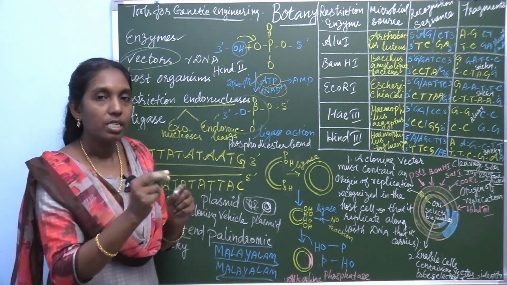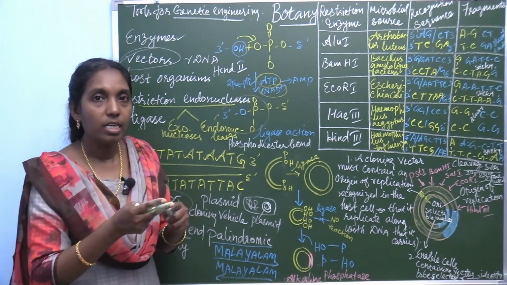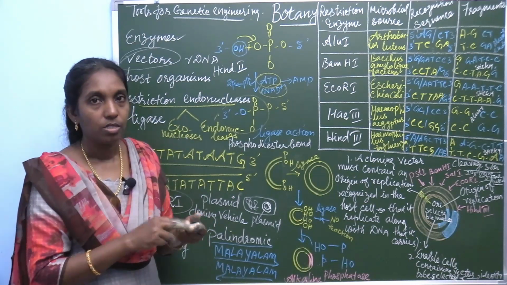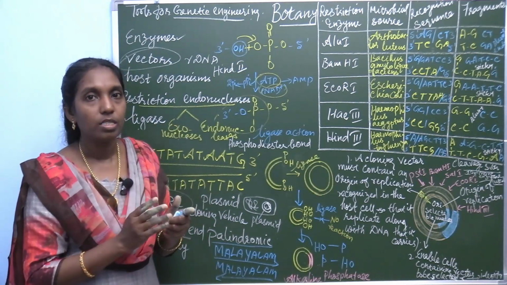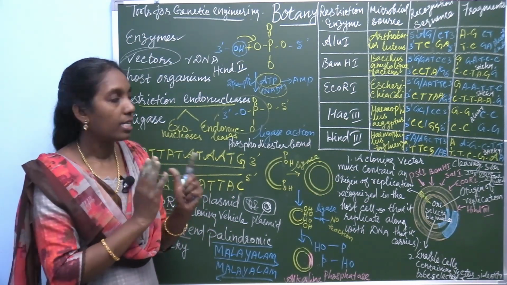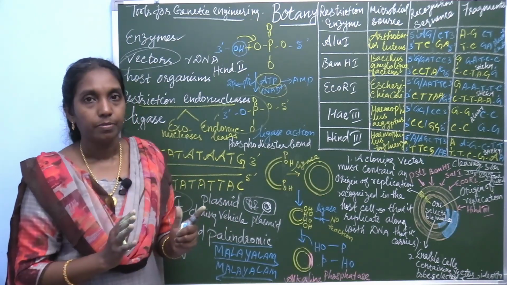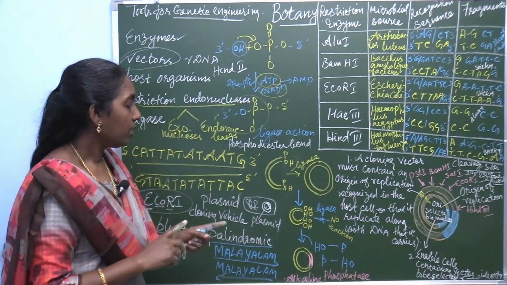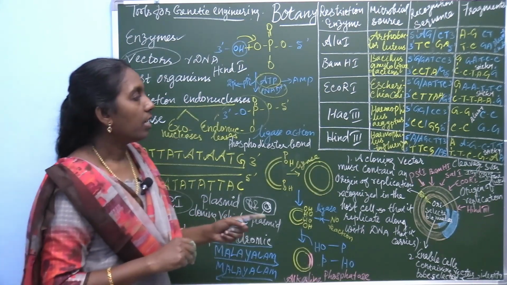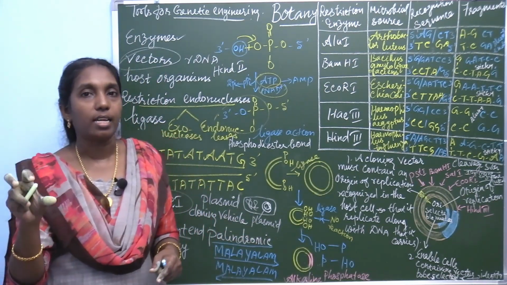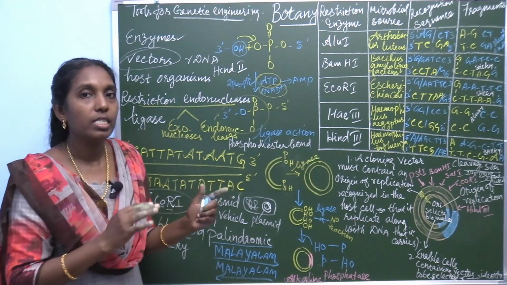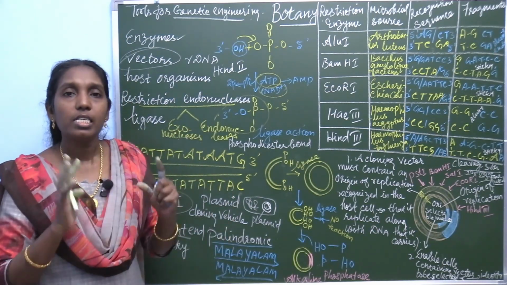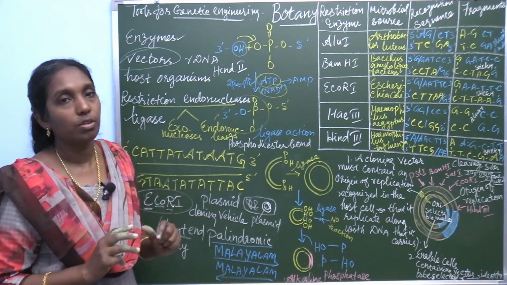So what is the gene transferred? What are the sequences transferred? It can identify. It selectively permits the foreign invaders. So marker, and there is a cleavage site. So these properties are present in the vector. These three are very important features of the vector.